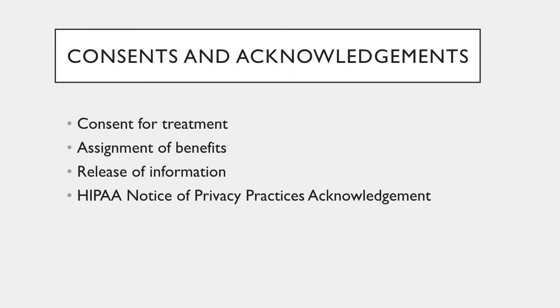If information needs to be pulled from another provider or another facility, then you need to have a release of information signed, and you certainly need to have the HIPAA Notice of Privacy Practices acknowledgement signed and in that record. That's federal law.